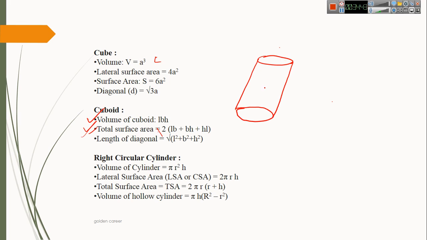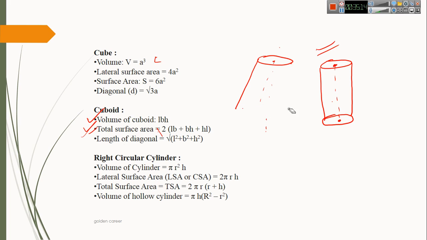If we have a cylinder like this, perpendicular like this, and second we have a cylinder like this, these types of cylinders are called right circular cylinders. So we'll study only the right circular cylinder.